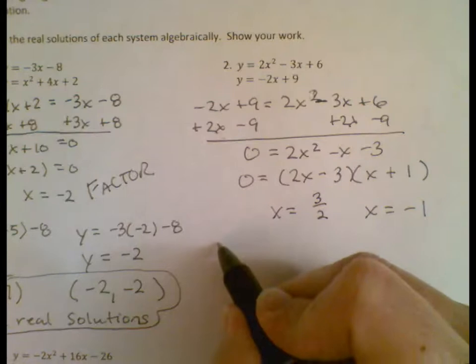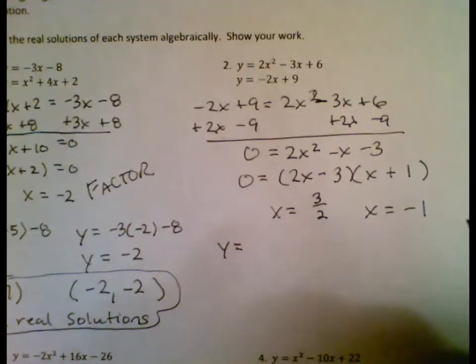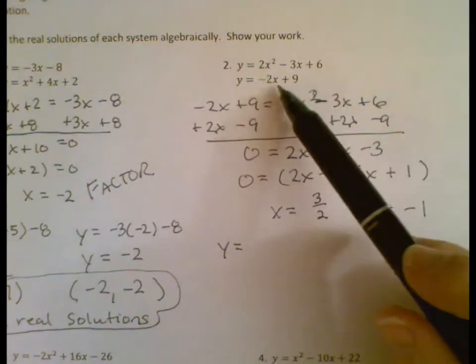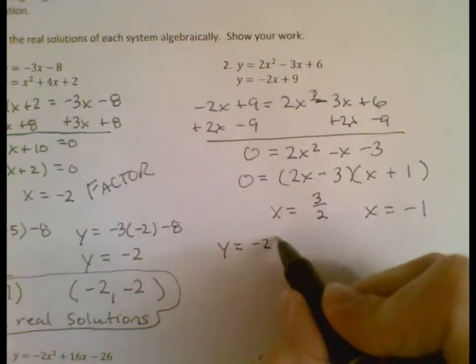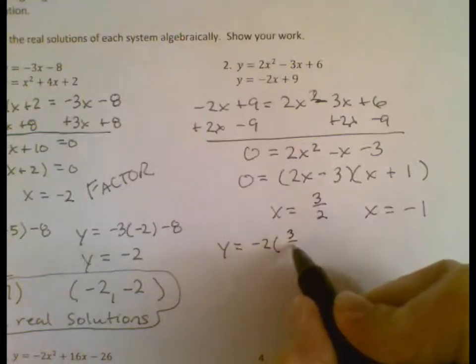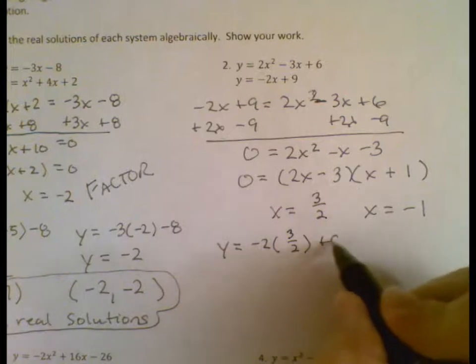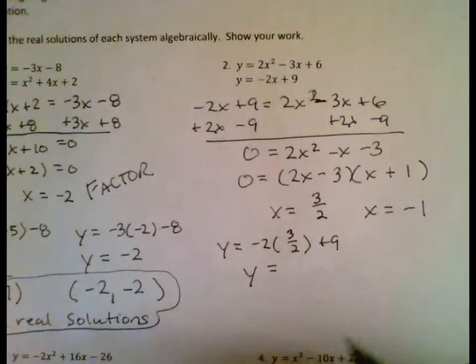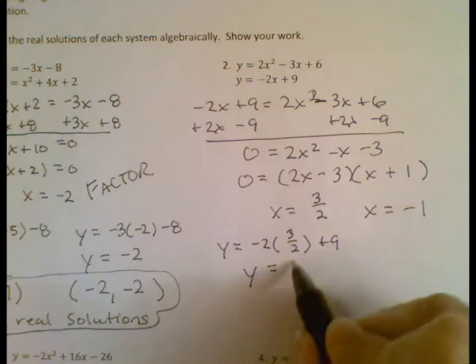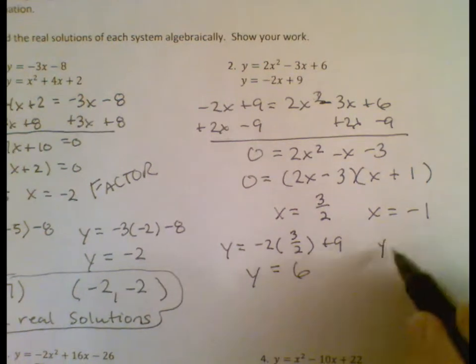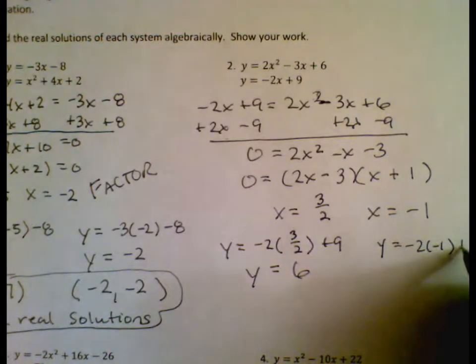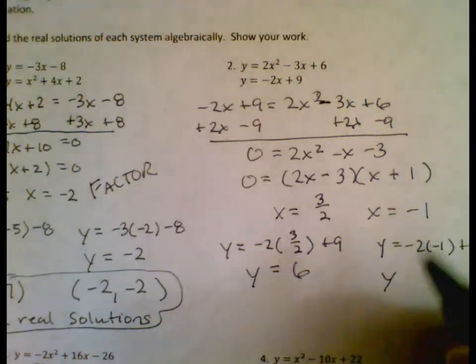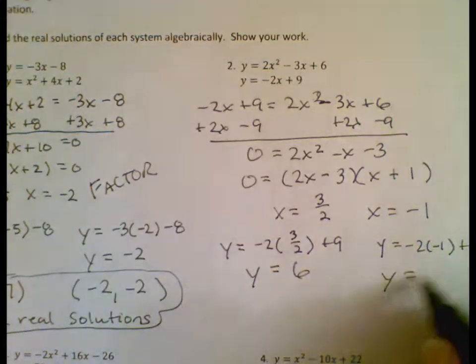Okay, we still got to figure out our y's. So I'm going to plug it back into the second linear function. So negative 2 times 3 halves plus 9. So that y is equal to 6. Do the same thing here. And that y is going to equal 11.